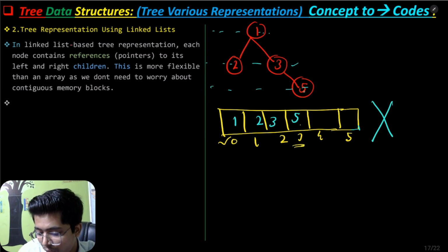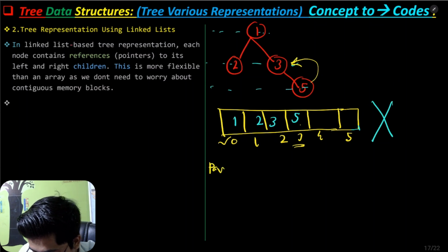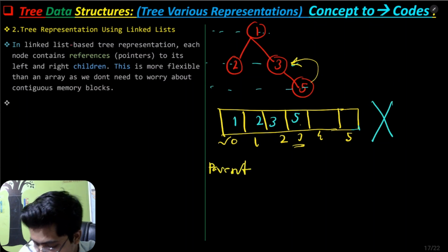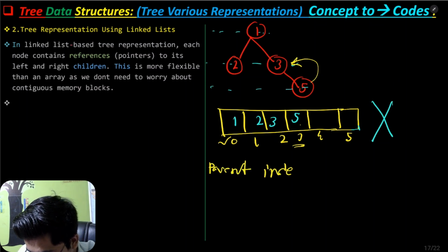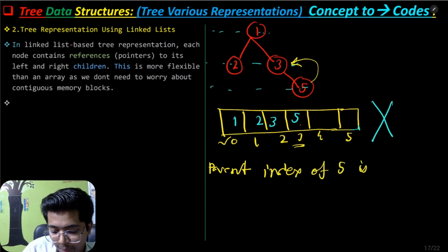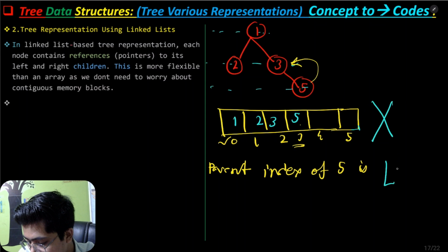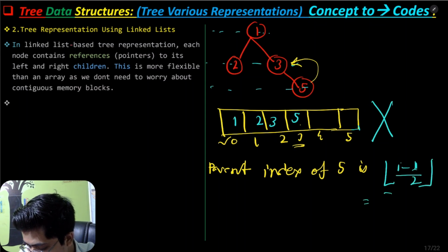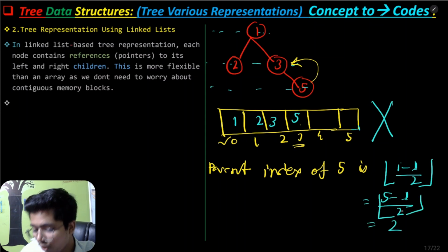Let's try to find the parent index of 5 by applying the formula I minus 1 by 2. The I value is 5, and 5 minus 1 by 2 gives position 2. It happens to give the right position for 5 here, but it doesn't work in general. Okay, let's take another example.